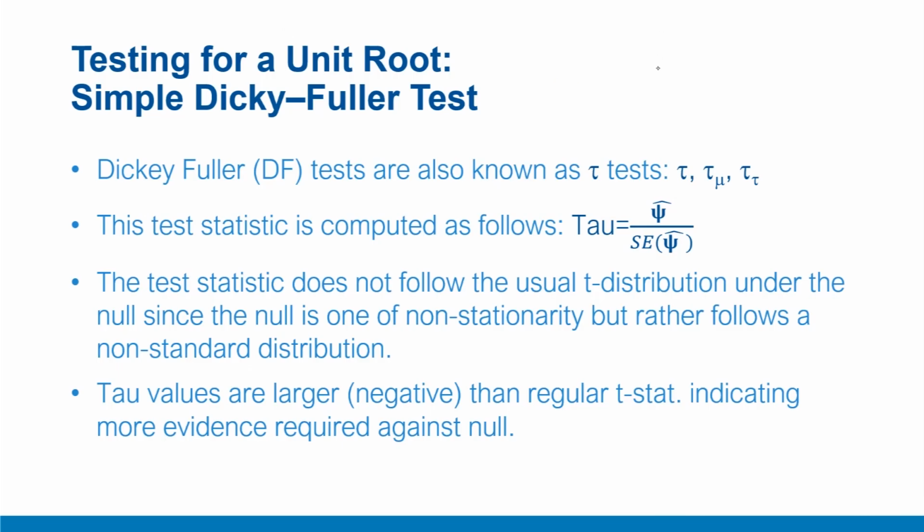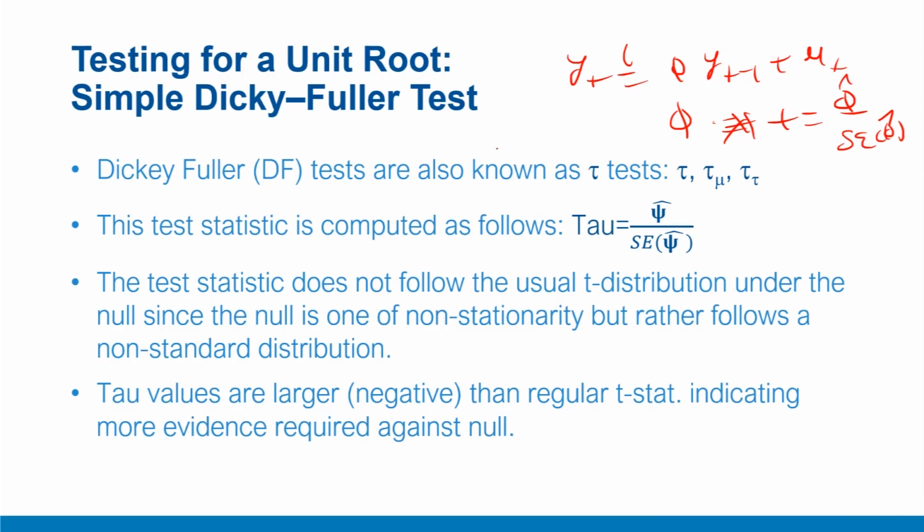Now, unlike the original model, where we would have tested a model like y_t equal to phi times y_{t-1} plus an error term, and tested phi for its significance with the t value as phi hat upon the standard error of phi hat, because these are estimates, we put a hat symbol. But now, because we have transformed the model and the resulting coefficient psi is tested, these are called tau tests.